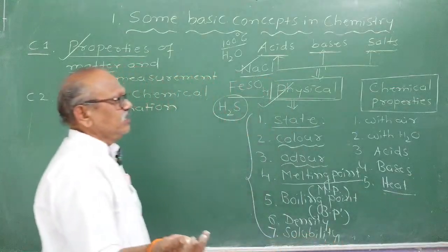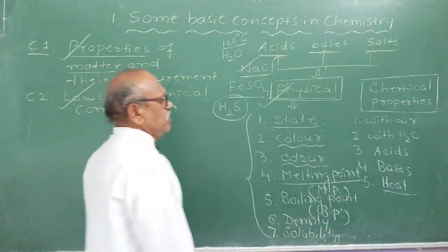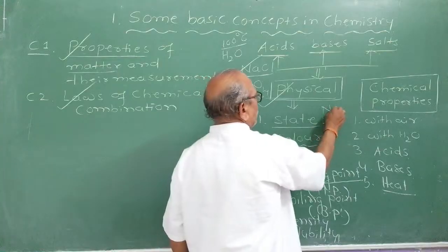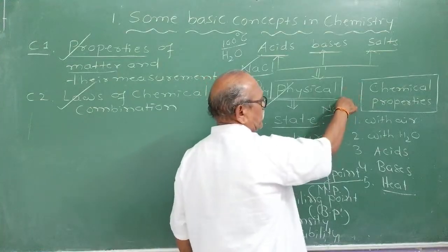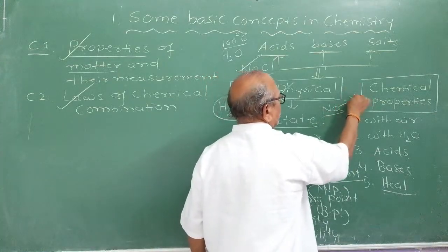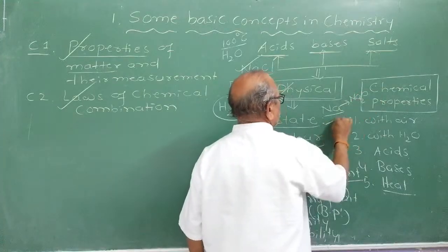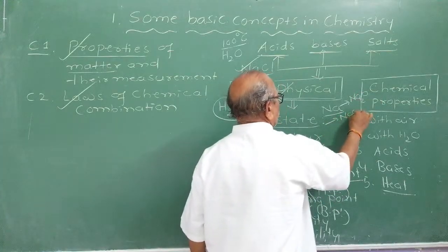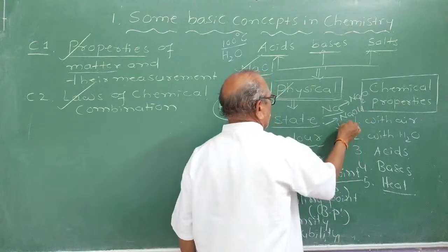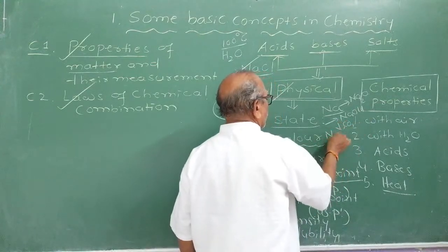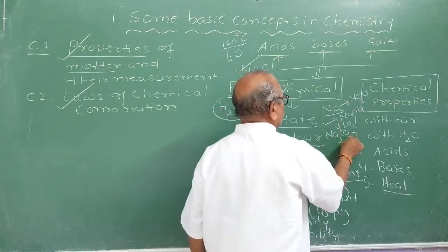You studied in the 10th standard, like sodium, the moment it is exposed to air, it reacts with oxygen of the air, forming sodium oxide. When it is further exposed to moist air, it is converted into sodium hydroxide, then reacts with carbon dioxide, forming sodium carbonate. Like this, sodium gets tarnished.